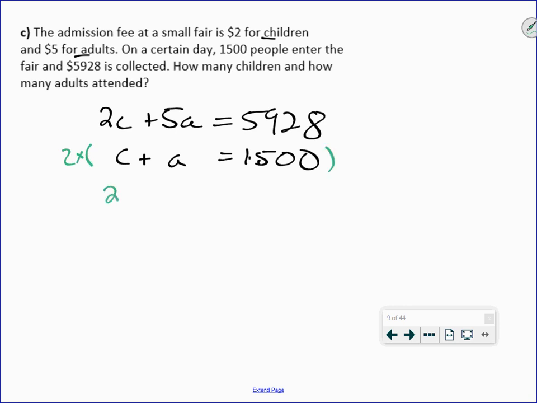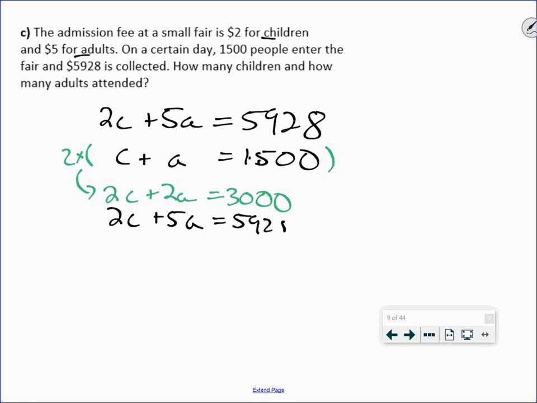So the second equation will become 2c plus 2a equals 3,000. And I'm going to rewrite the original equation, 2c plus 5a equals 5928. I'm going to subtract them.